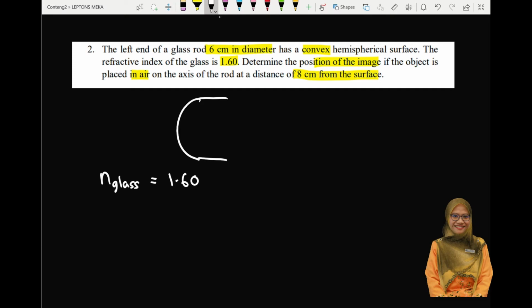Your object was placed in the air, and of course you have n for the air 1.00, and you have the object distance 8 centimeter. And your R is 6 centimeter. Sorry, not R, this is the diameter. So if the diameter is 6 centimeter, therefore the radius is 3 centimeter.